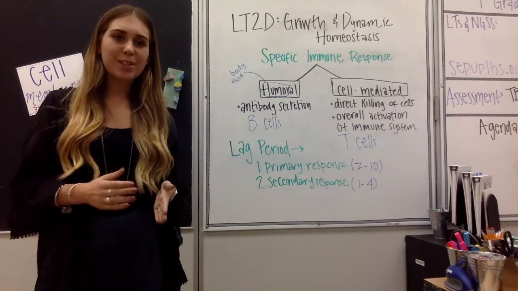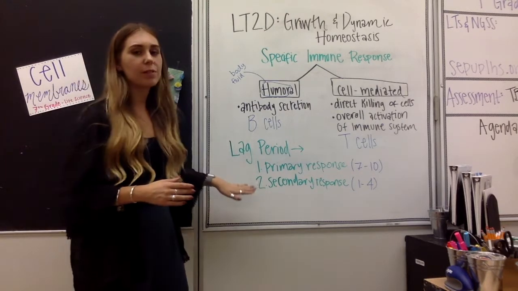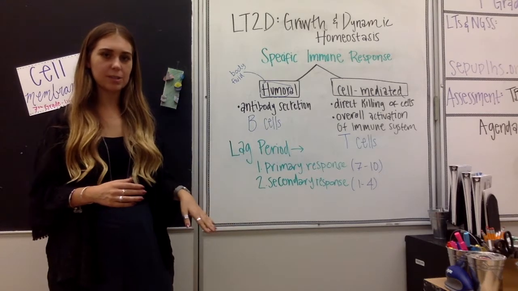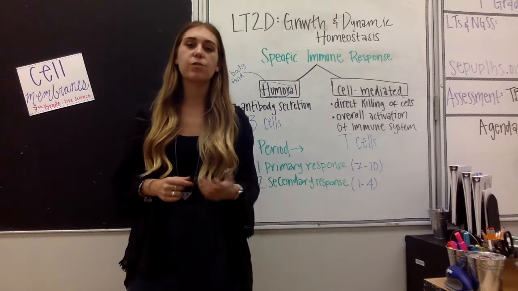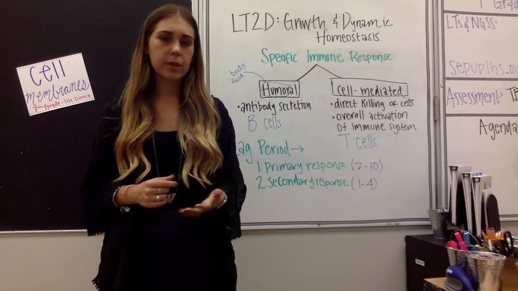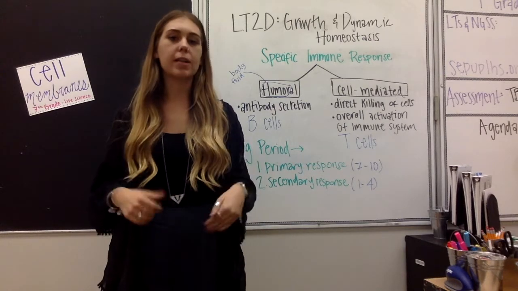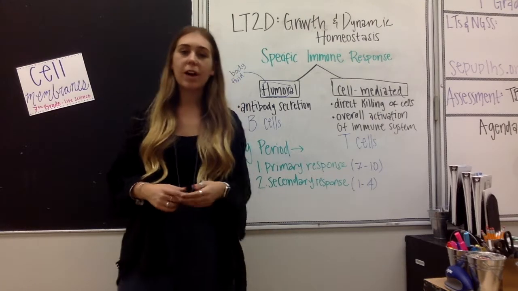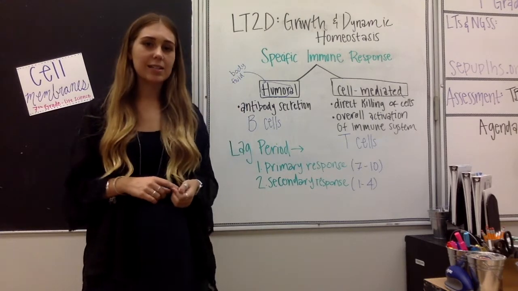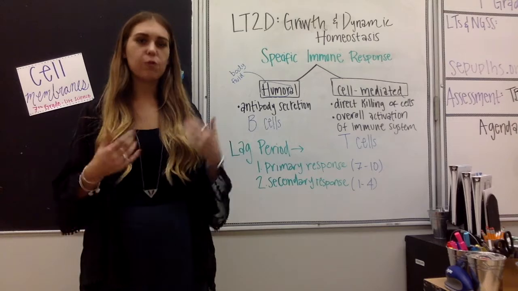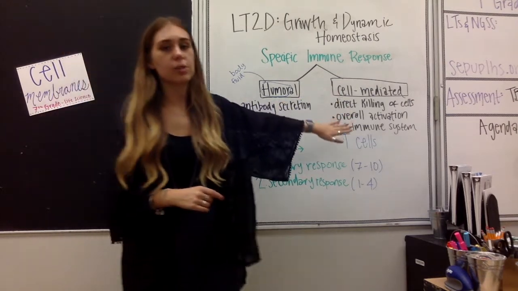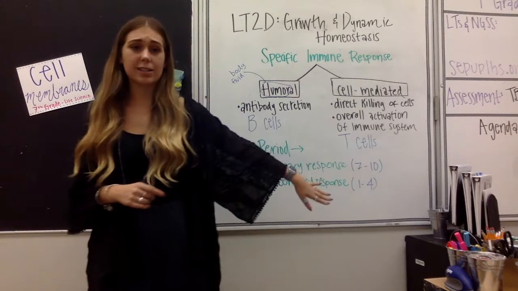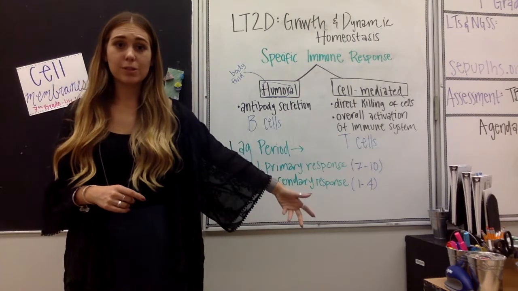Now, there is a big difference between the primary response and the secondary response. Our primary response is when we are exposed to an antigen for the very first time. We've never seen this before. Our body is unfamiliar with it. Our body actually needs 7 to 10 days in order to get ready to fully fight that infection: the antibody secretion, actually getting those T cells activated and reproducing.